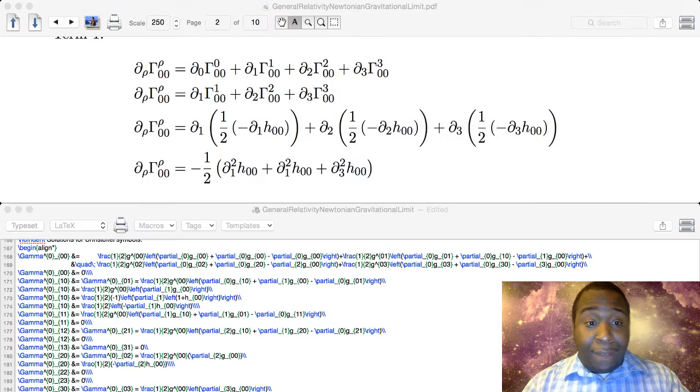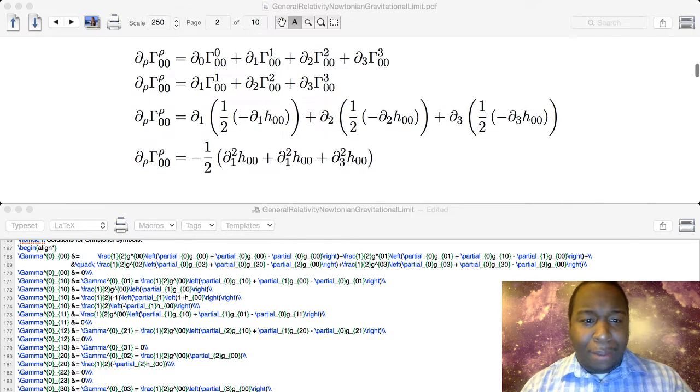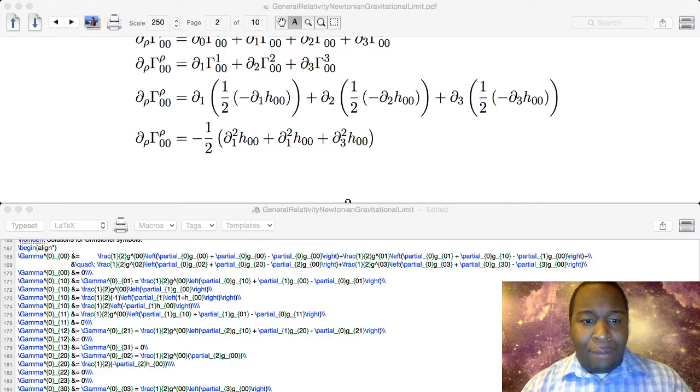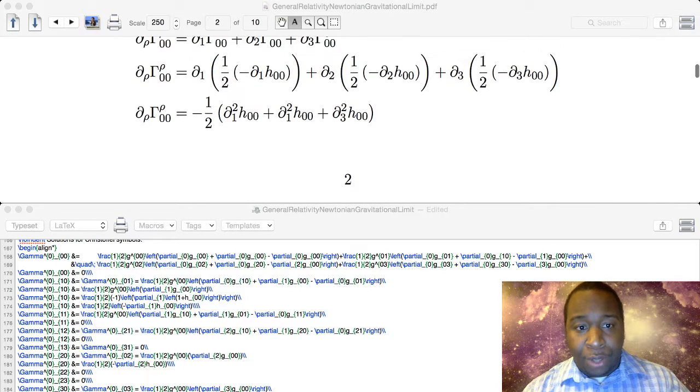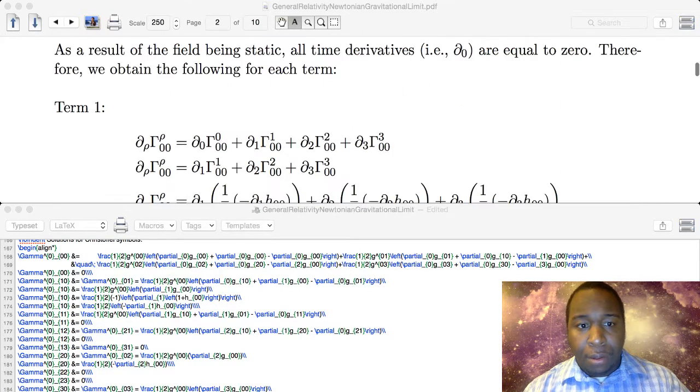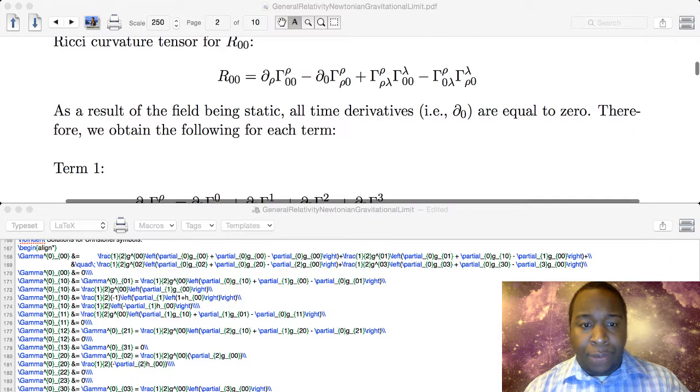Much of all this stuff I've done, guys, was this morning, so some of this is going to be kind of a revelation to me as well. So yeah, I think this is the Laplacian. It's negative 1/2 of, I think, del squared of h sub 0, 0. All right, so that's what we end up getting for the very first term in our Ricci curvature tensor.